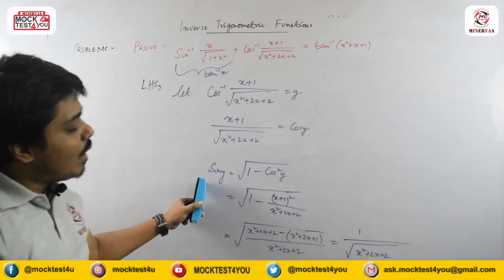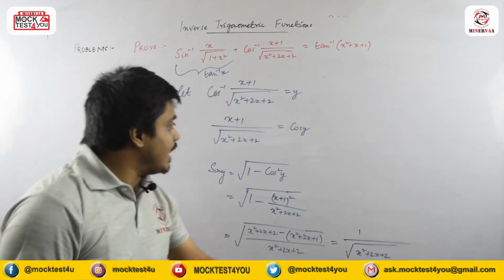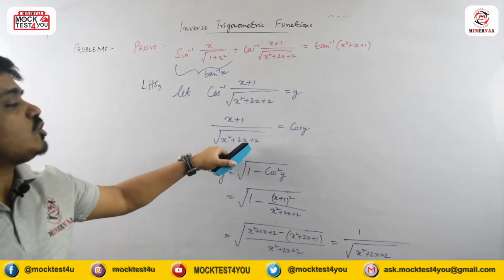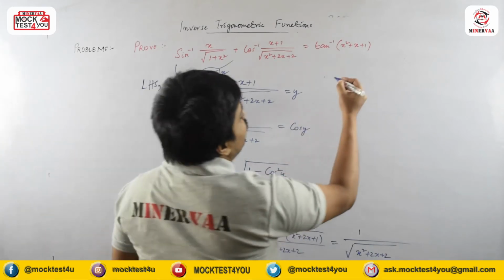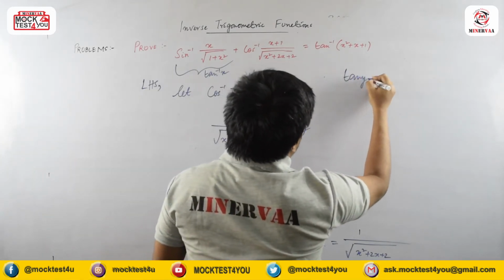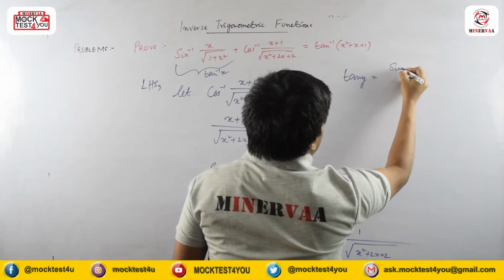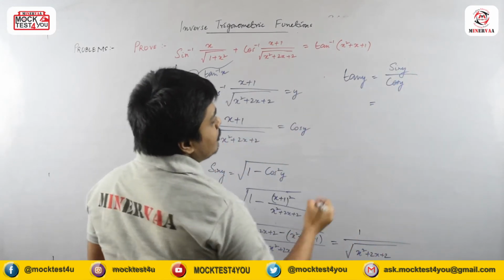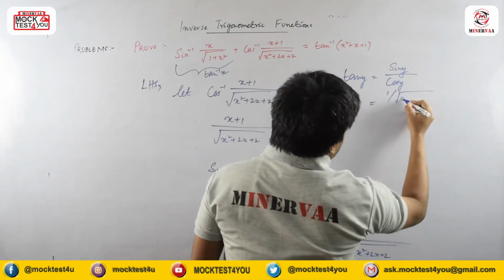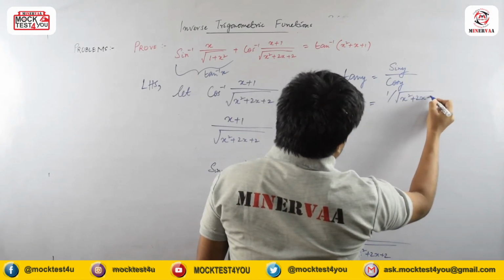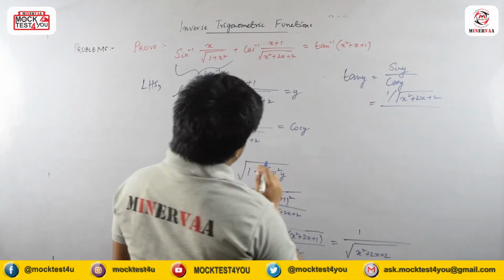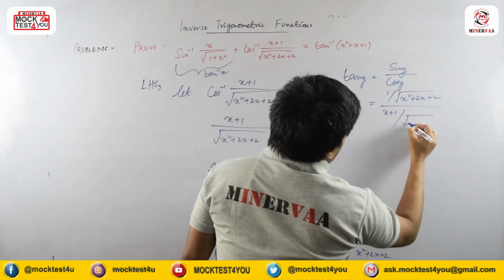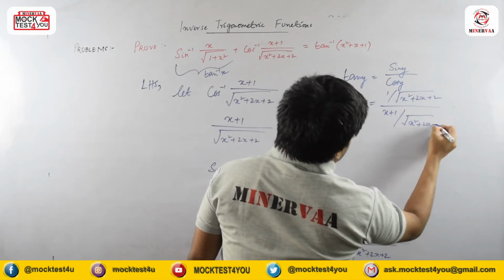So my sine y we got is this one, and cos y we already had was x plus 1 divided by root over of x square plus 2x plus 2. So now we are left with finding tan y. So tan y is equal to sine y divided by cos y, and that is nothing but 1 by root over of x square plus 2x plus 2 divided by x plus 1 divided by root over of x square plus 2x plus 2.